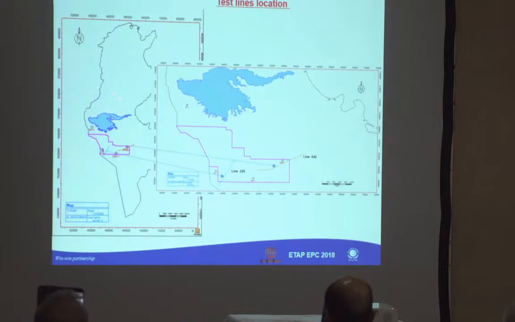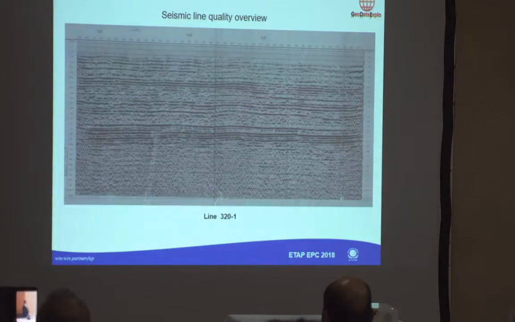So the 2 line tests are located in this area, which is the Al-Waha permit. This is line 320 and this is line 642. This is the seismic line quality overview. This is line 321.